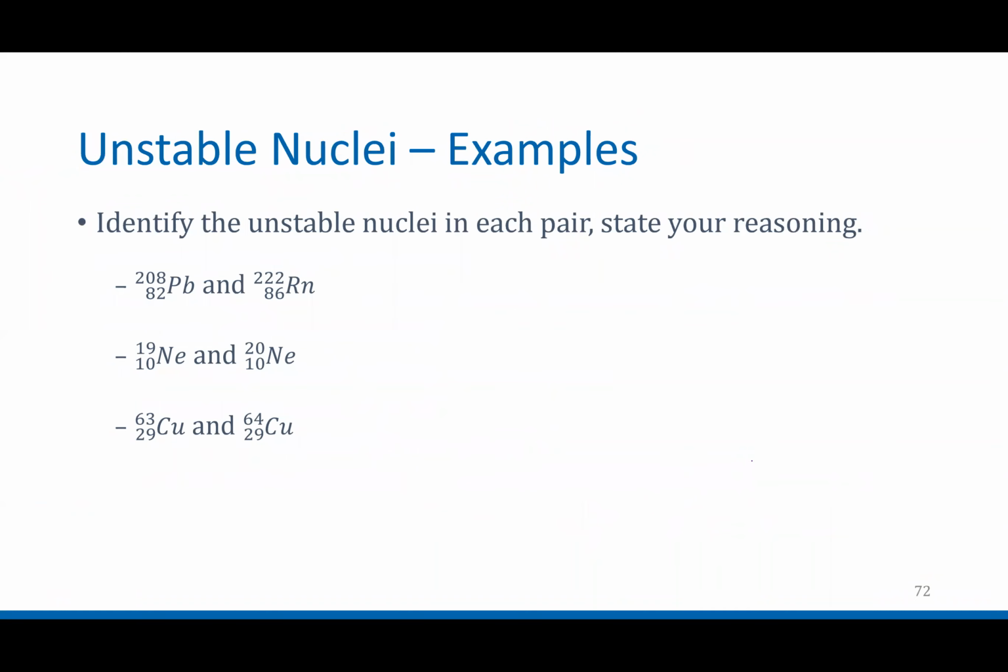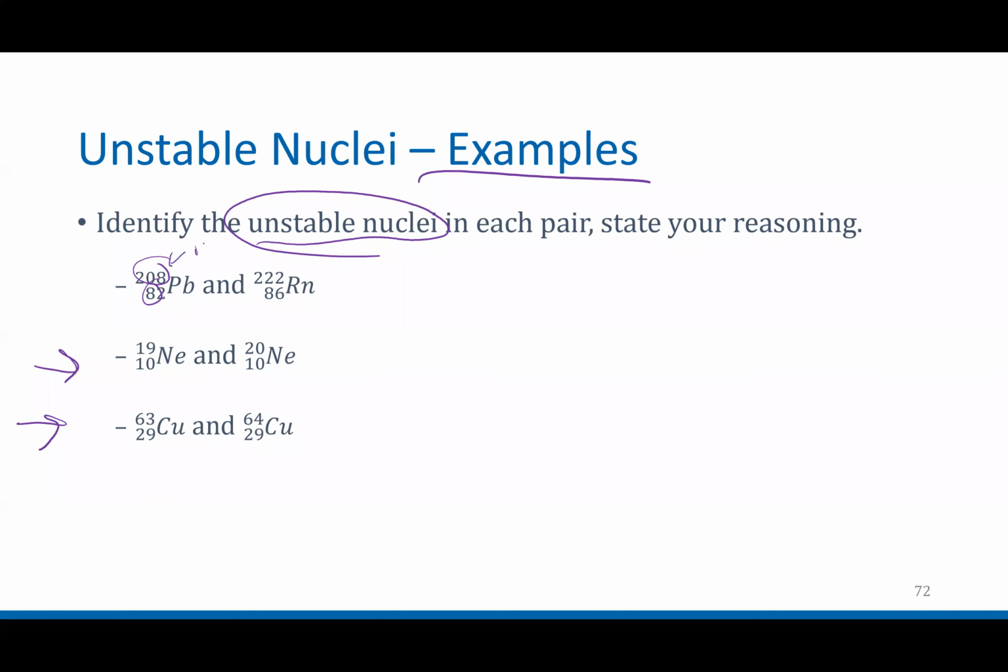So here are three examples. I'm just going to take maybe 3 or 4 minutes to do this. I will do the first one, and then you guys can try the second two. This is probably the easiest one. The question says, identify the unstable nucleus, or in simple words, identify the isotope that is not stable, or is the least stable. So here I have 208 and 82.